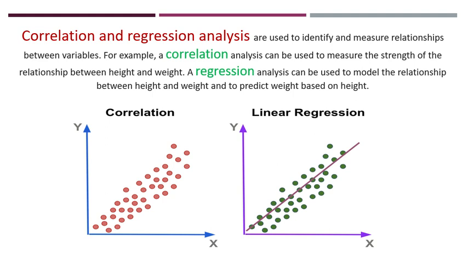Like when I increase adsorbent dose, percentage adsorption increases. So this is the relationship. This comes under the category of correlation analysis. So how much percentage adsorption increases, I have no idea, but I can predict.